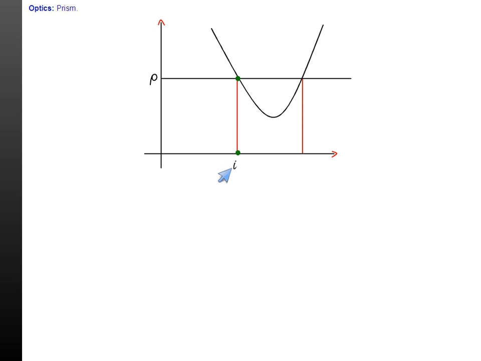One corresponds to I, another corresponds to E. At some stage, the deviation will be minimum, and at that location, these two angles I and E will be the same. So if I and E are equal, then deviation will be minimum.